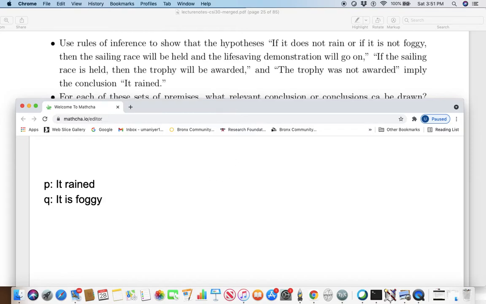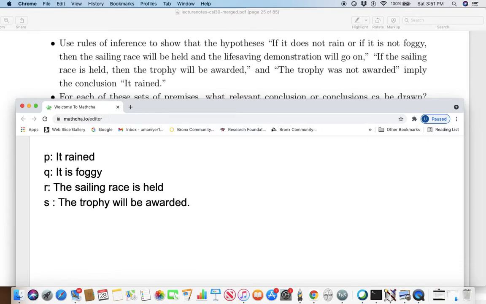The sailing race will be held, and the life-saving demonstration will go on, and S is the trophy will be awarded. The trophy was not awarded implies it rained. Okay.